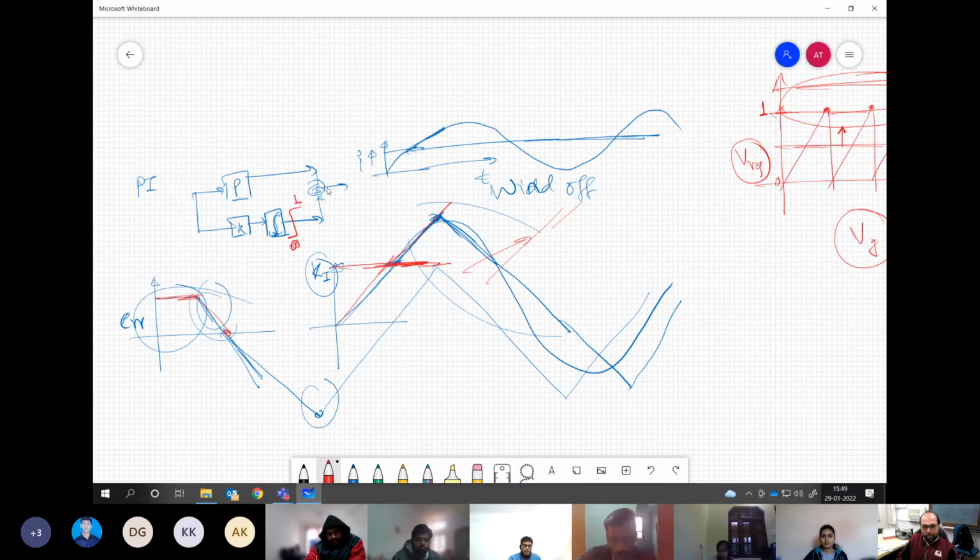And then again, the total output of the PI should also be restricted between 0 and 1, because that is your reference value. And if in the arrangement you have some feed forward term also added, like EB by some K or whatever, then again the total value should be restricted between this.